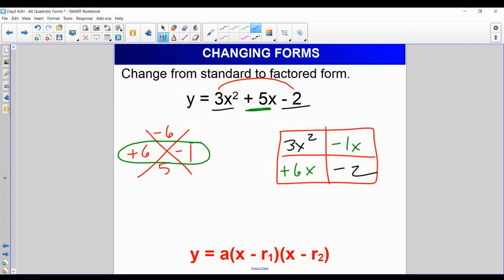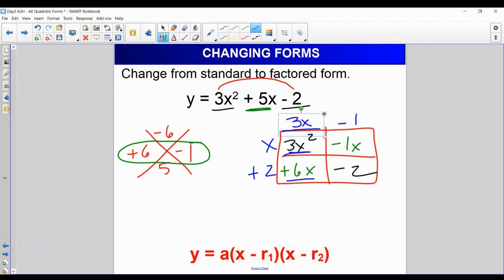So if I look down the first column, 3x squared and 6x, I can take out a 3x. Then I have to multiply 3x by x to get 3x squared. I have to multiply 3x by 2 to get 6x. And I have to multiply x by negative 1 to get negative 1x.